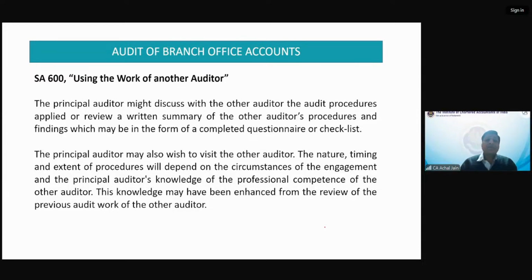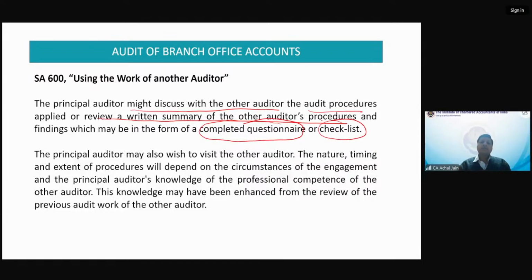Further, the principal auditor might discuss with the other auditor the audit procedures they have applied, and review a written summary of the other auditor's procedures and findings in the form of a completed questionnaire or a checklist.